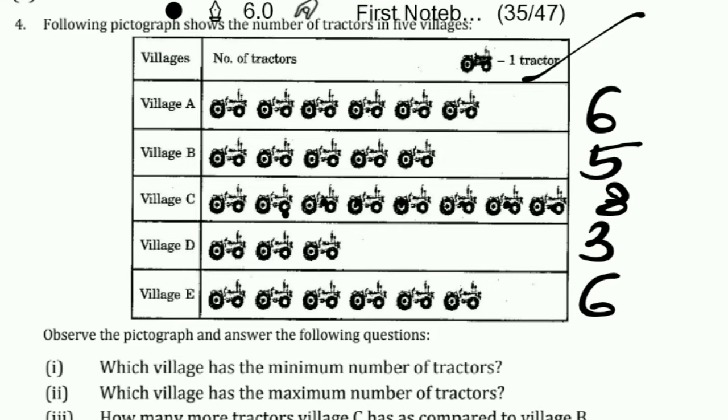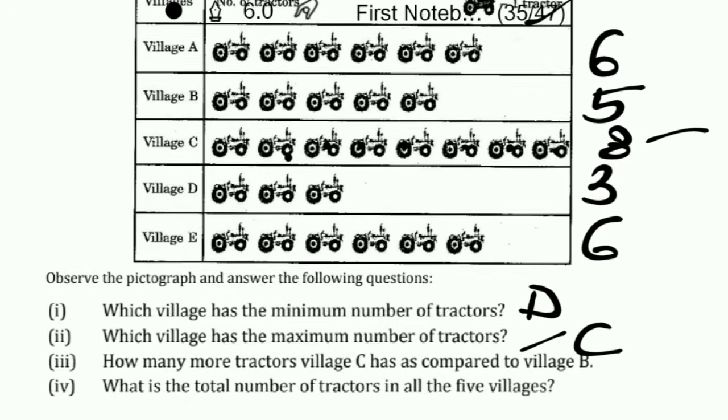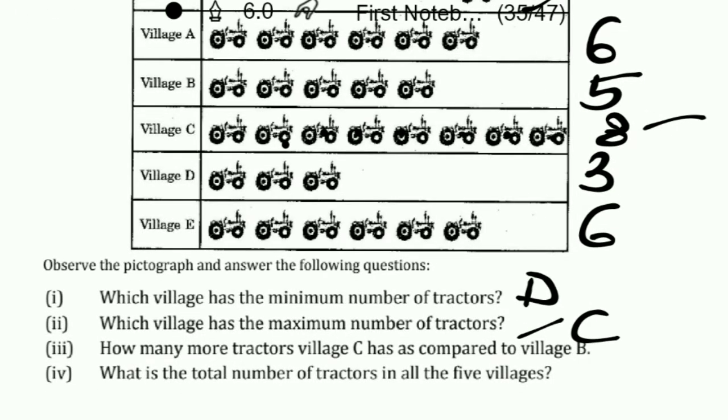Okay. Now the first question, which village has the minimum number of tractors? Village D. Which village has the maximum number of tractors? Village C. Then how many more tractors does village C have compared to village B? See, village C has 8 and village B has 5.